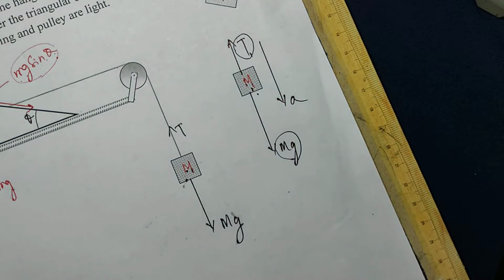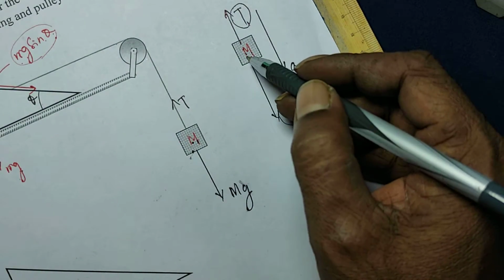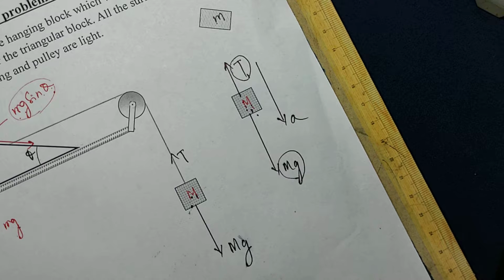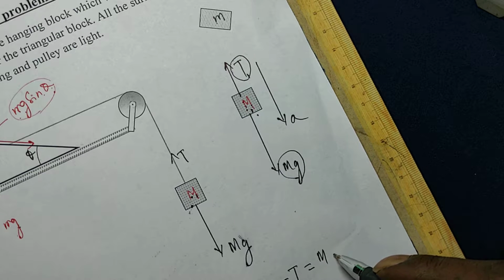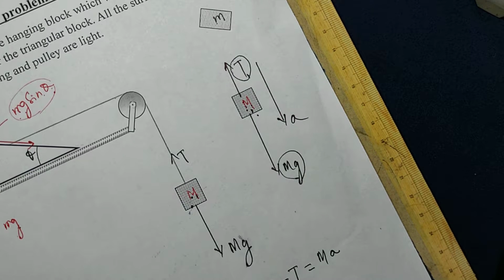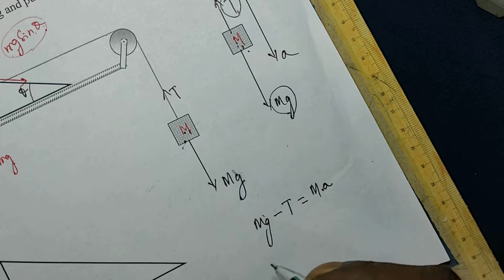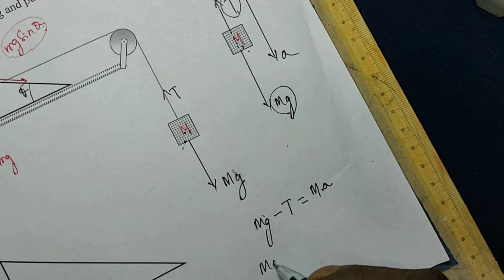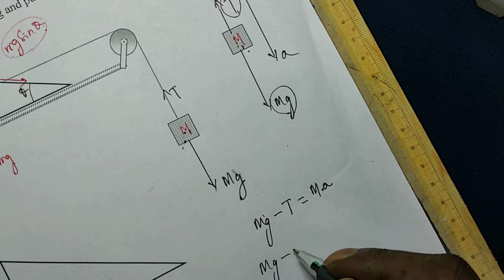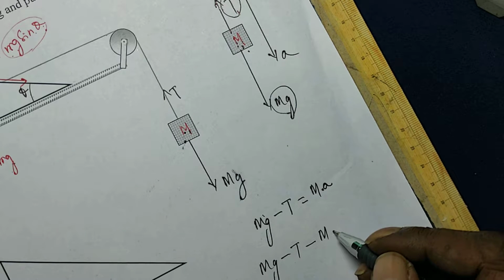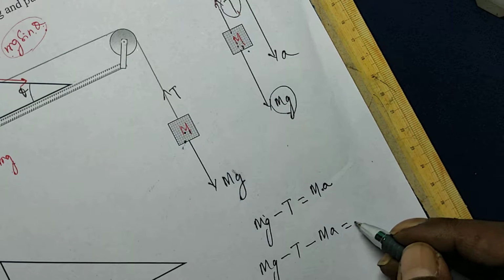So for this mass, the equation will be Mg minus T is the net force downward. It will be mass times its acceleration. Now let me bring this term to the left hand side, so this becomes Mg minus T minus MA is equal to 0.